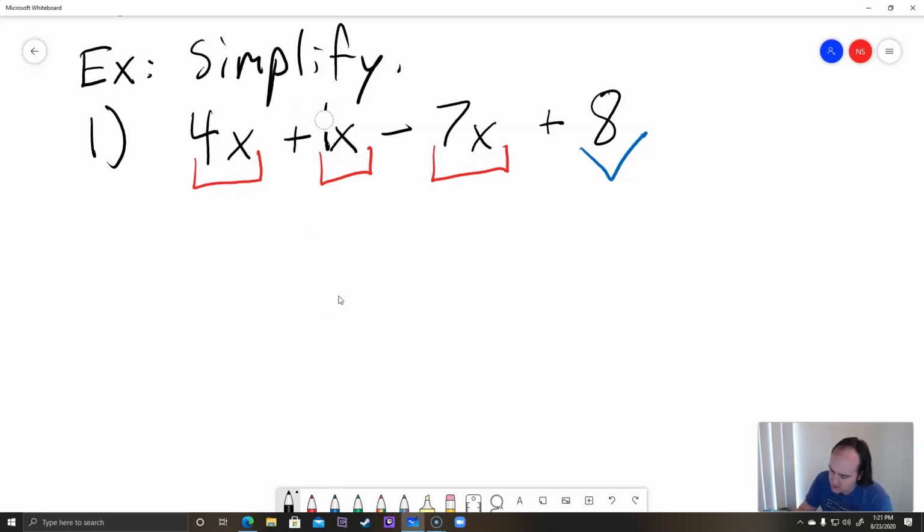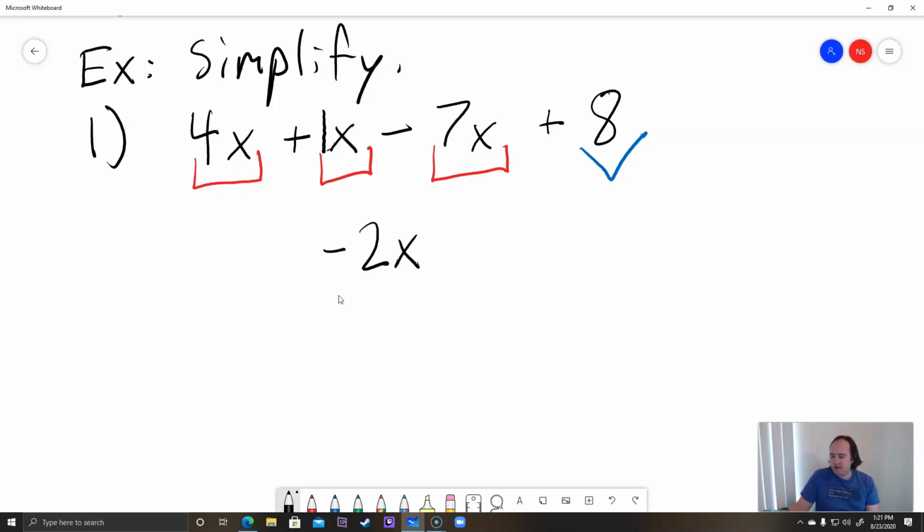Okay, so that's actually 1x. So what we're really doing is we're going to be doing the coefficients. So we're going to be doing 4 plus 1 is 5, minus 7 is negative 2. So we actually get negative 2x. Okay, and that's combining the red ones together.